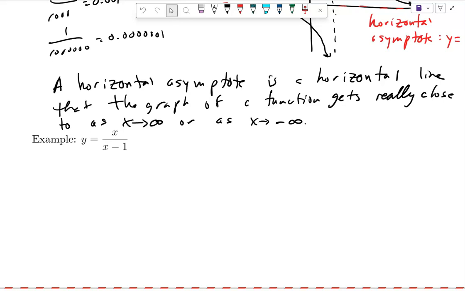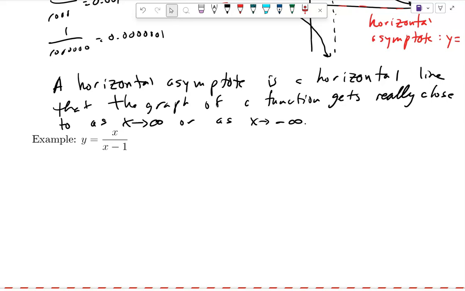If I plug in 10 for x, I get 10 over 9. If I plug in 100 for x, we get 100 over 99. If you put in 1,000 for x, you get 1,000 over 999. Is there much difference between 1,000 over 999 or 1?